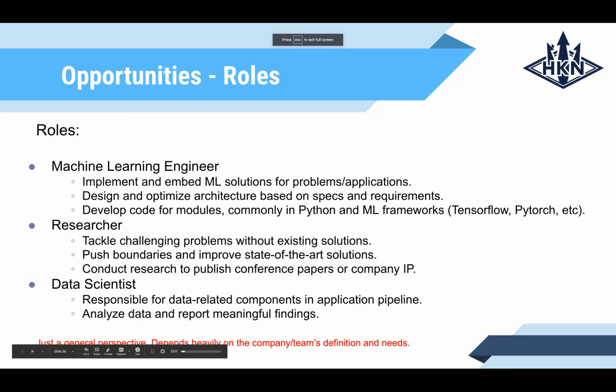That entails implementing and embedding ML solutions for different problems and applications that your particular company is trying to address, and also designing and optimizing architecture based on certain specs and requirements.